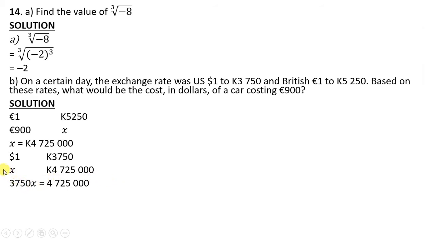So we are saying X times 3,750 is equal to 1 times 4,725,000. From here, what are we supposed to do? Divide both sides by 3,750. When you do that, you find that X is equal to $1,260. We continue.